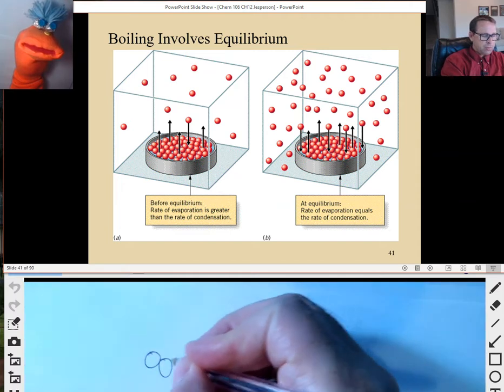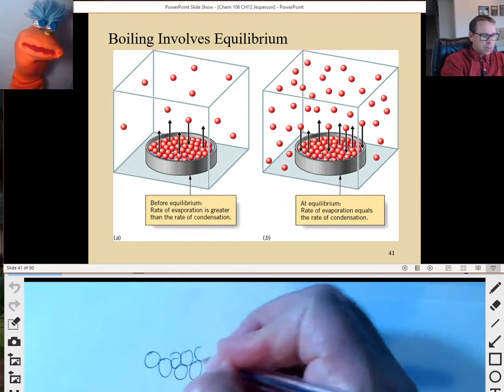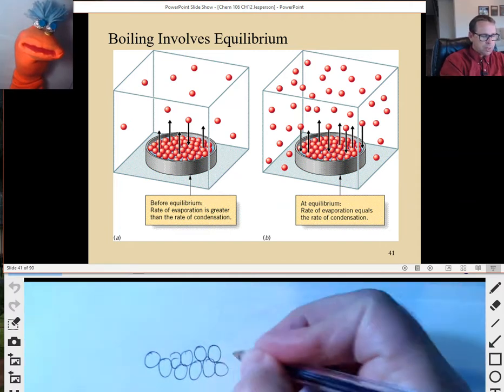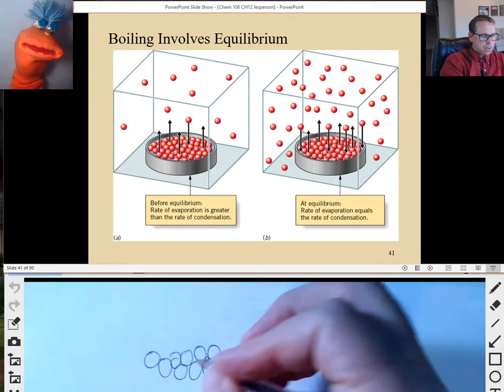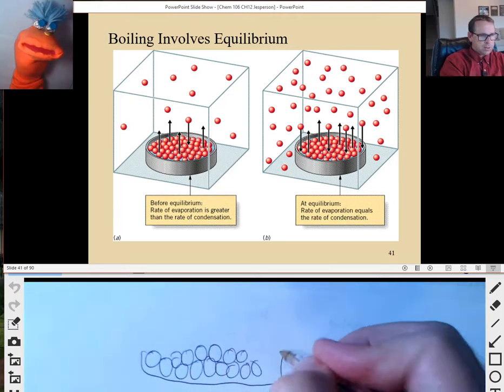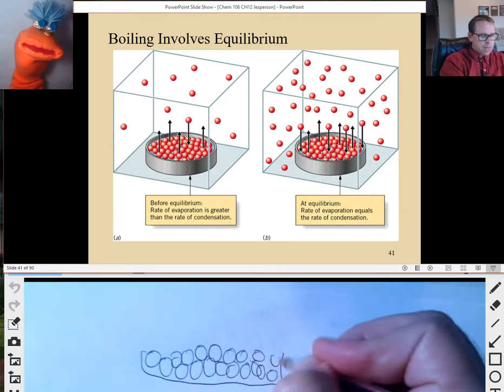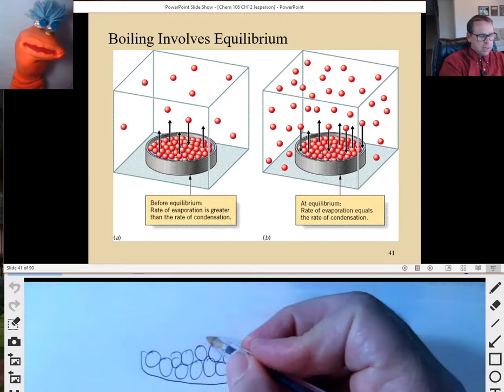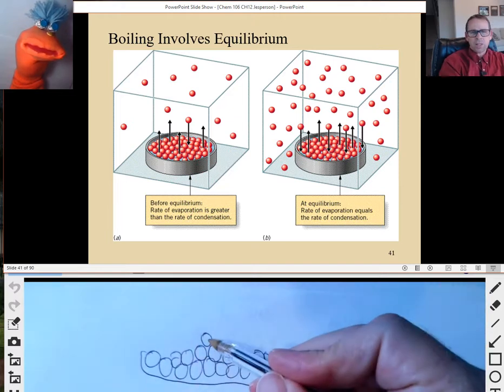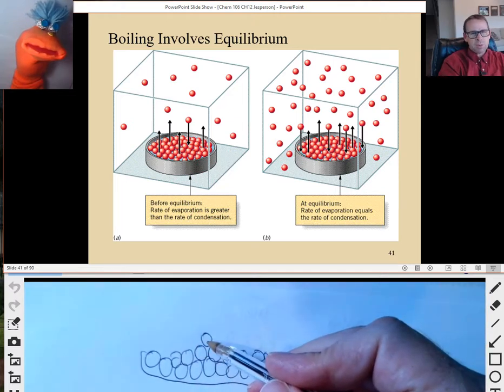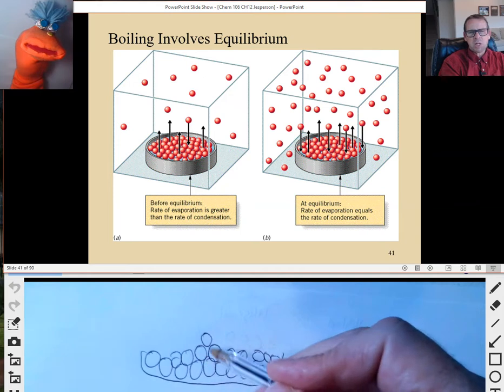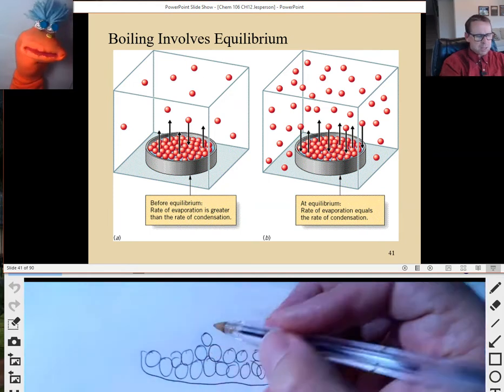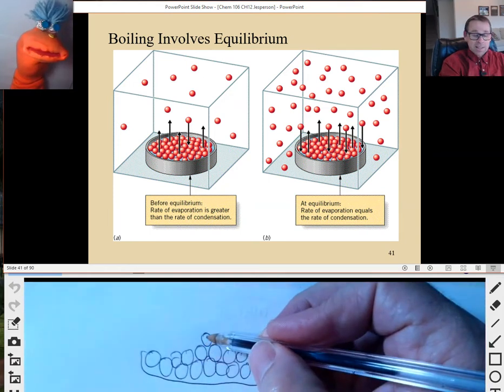Here I have a bunch of molecules, right? They're all on the surface. So here's my container. These are exaggerated in size, obviously. And here is one molecule, the rebellious teenage molecule, that wants to leave its family. "I don't want to be in here. I'm so mad at this," right? So it finally gets enough energy.